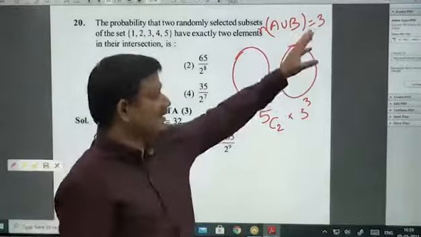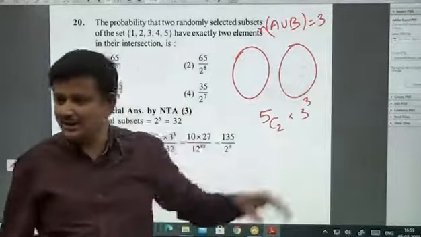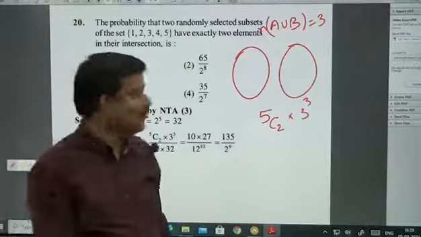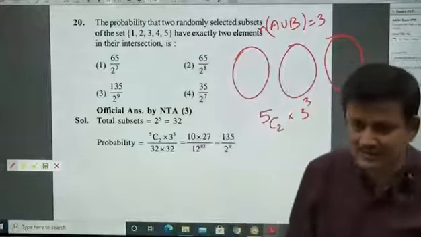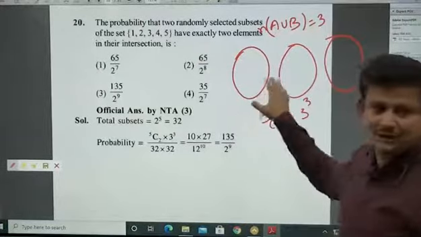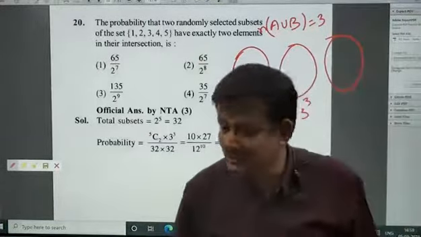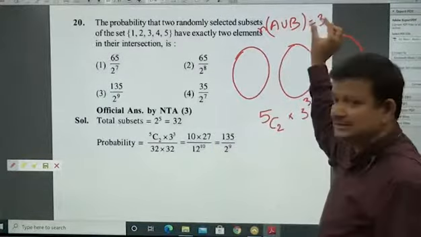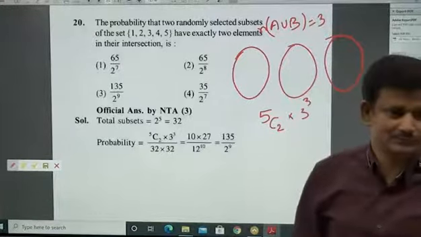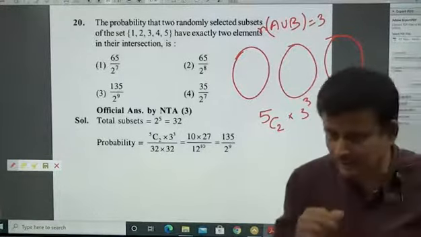You can even have 3 sets. Then what will be your question? Let's say n of A union B union C. Now the remaining 2 elements cannot be in A, B or C. Select the elements: 5C3, let's say 1, 2, 3.